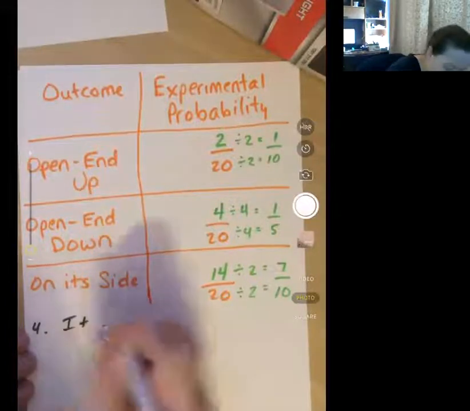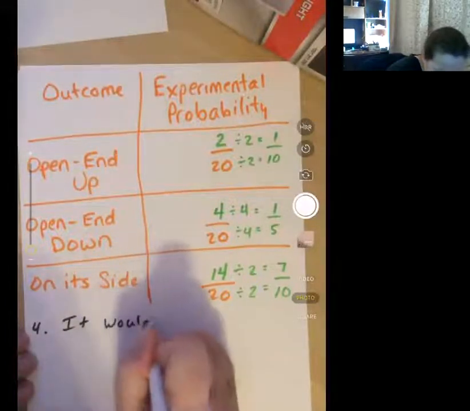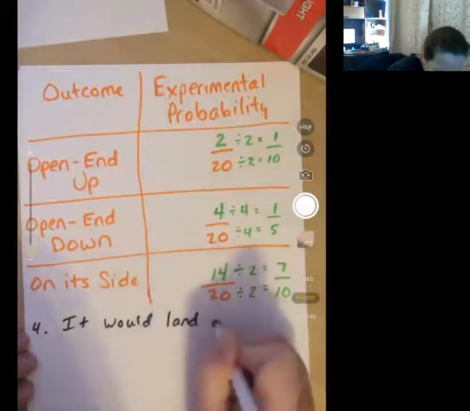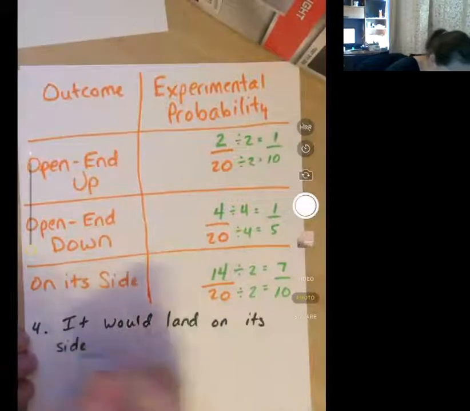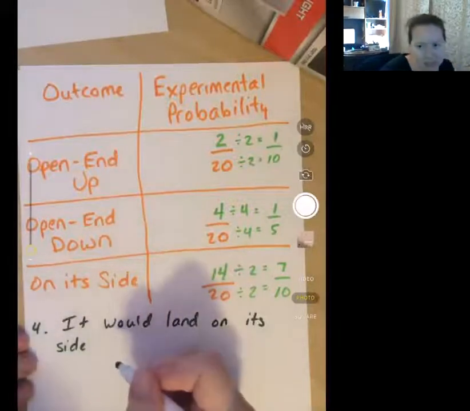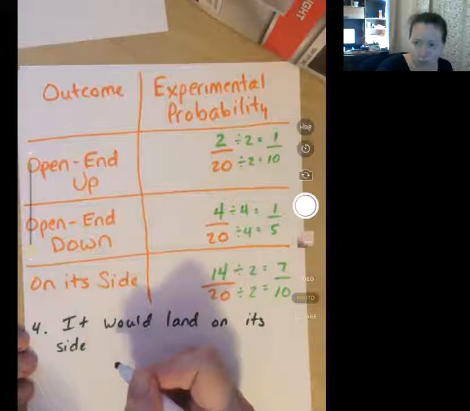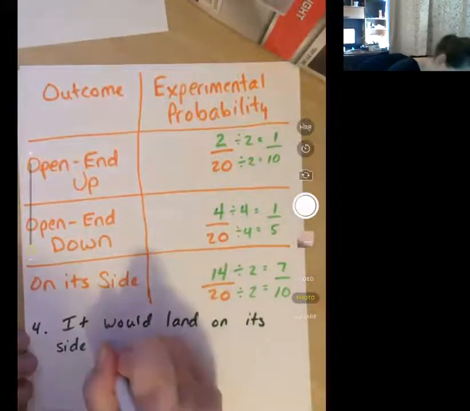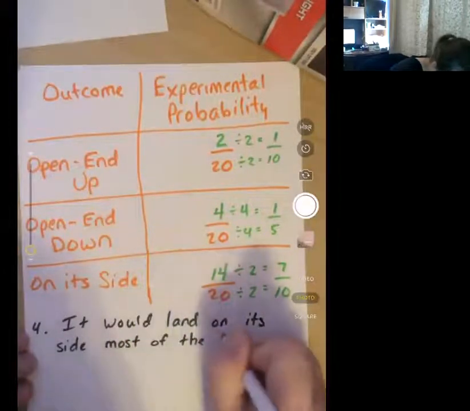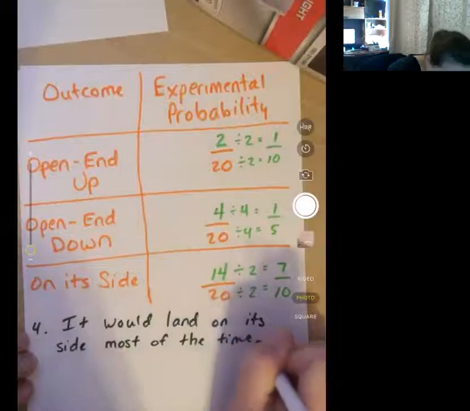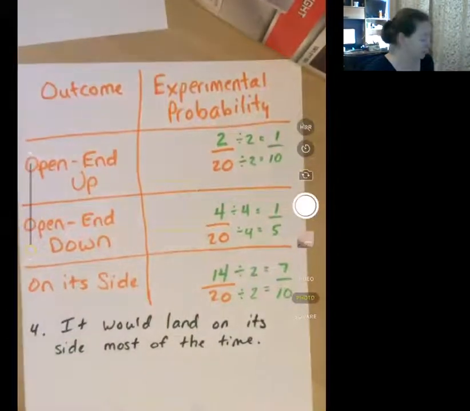Or rather, it would land on its side most often, most of the time. Let's go with most of the time. Would land on its side most of the time.